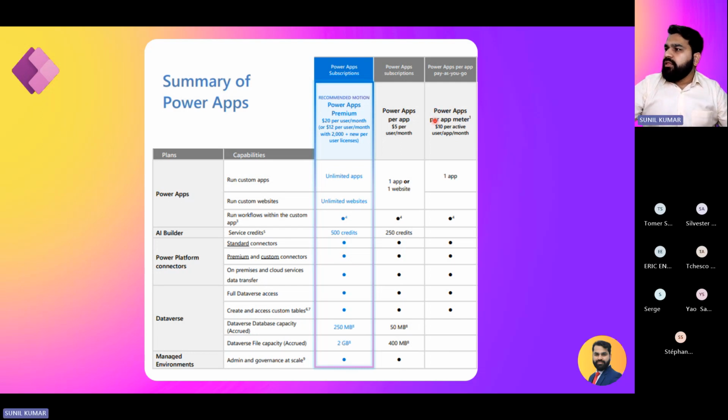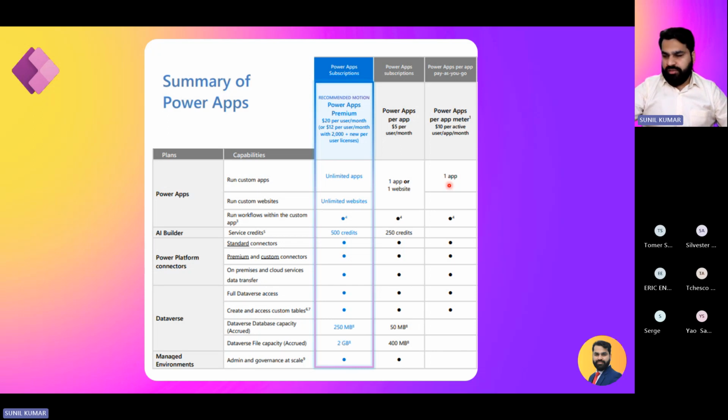When we talk about the third type of licensing subscription, which is pay as you go, it is $10 per active user per app per month. This does not give the capability to run the website. This only gives us the capability to run one application. Okay. Users will be able to run the workflow within the custom application. It does not give any AI Builder capacity.